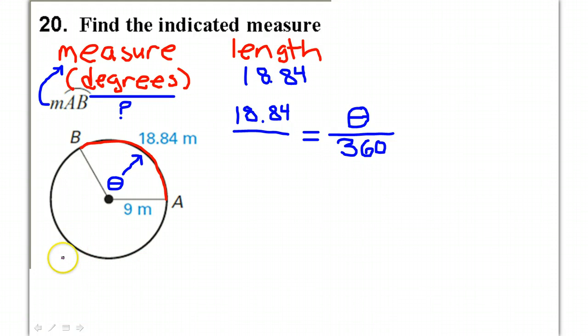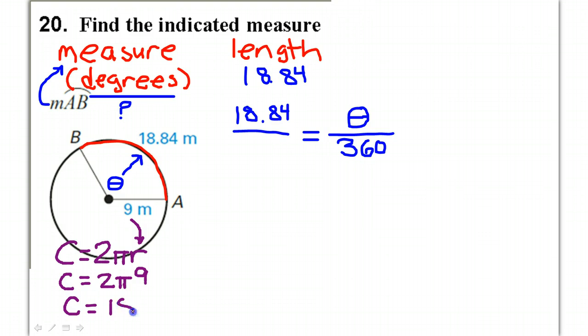Okay, so we know that the circumference is 2 pi times the radius. All right, the radius is 9. So this becomes 2 pi times 9, which is also known as 18 pi.